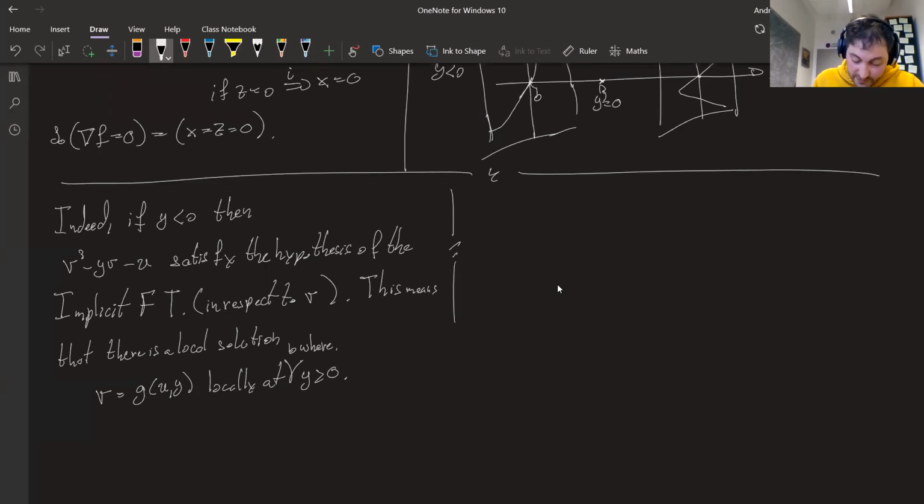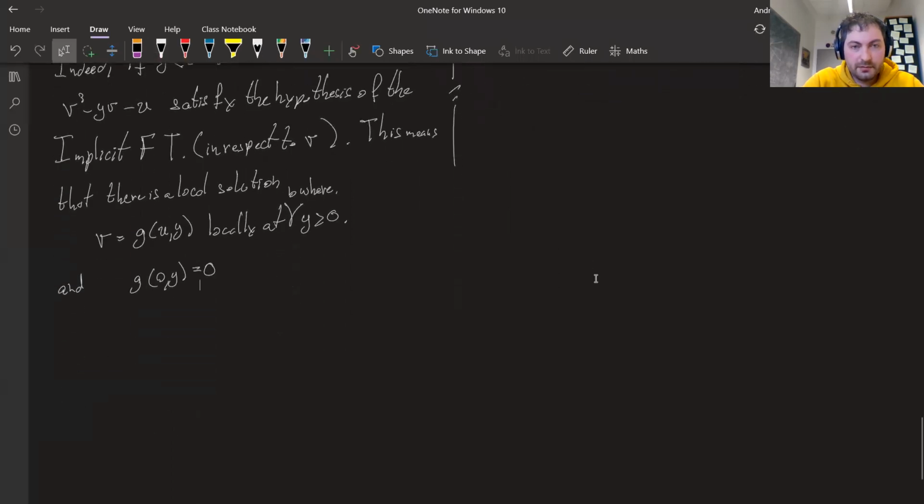And moreover, by the implicit function theorem, with the property coming from the equation itself, g of 0, Y is equal to 0. Why am I making this comment?